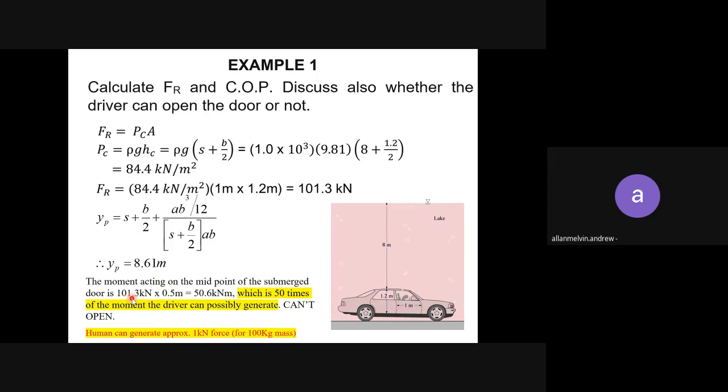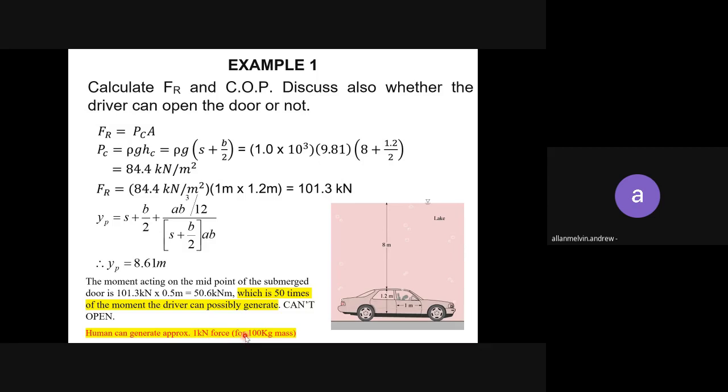Okay, so 101.3 kilonewton times 0.5. Okay, so that is the moment. So you get 50.6 kilonewton meter. Okay, so there's a footnote here: human can generate approximately 1 kilonewton force.